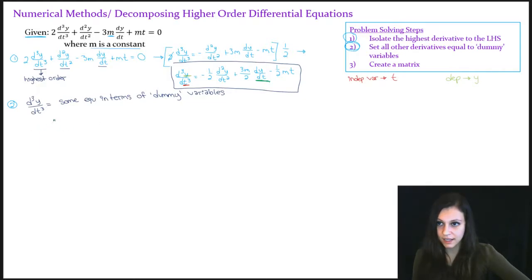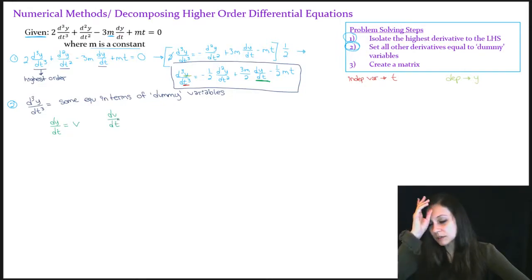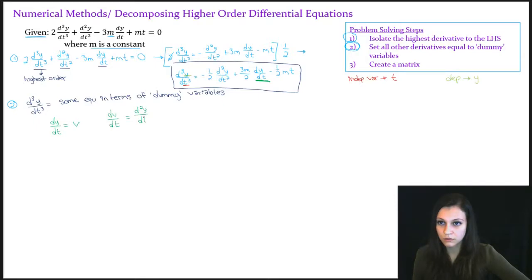So I'm going to say dy/dt, let's set it equal to any variable or shape or whatever you want to pick. Let's say v. So if we take the derivative of v with respect to t, which is the independent variable in this differential equation, that's the same thing as the second order derivative of y with respect to t.